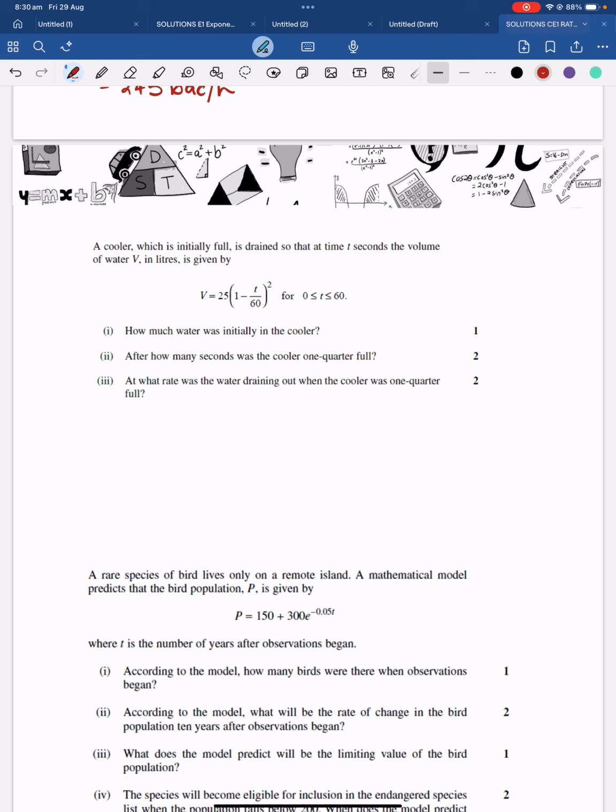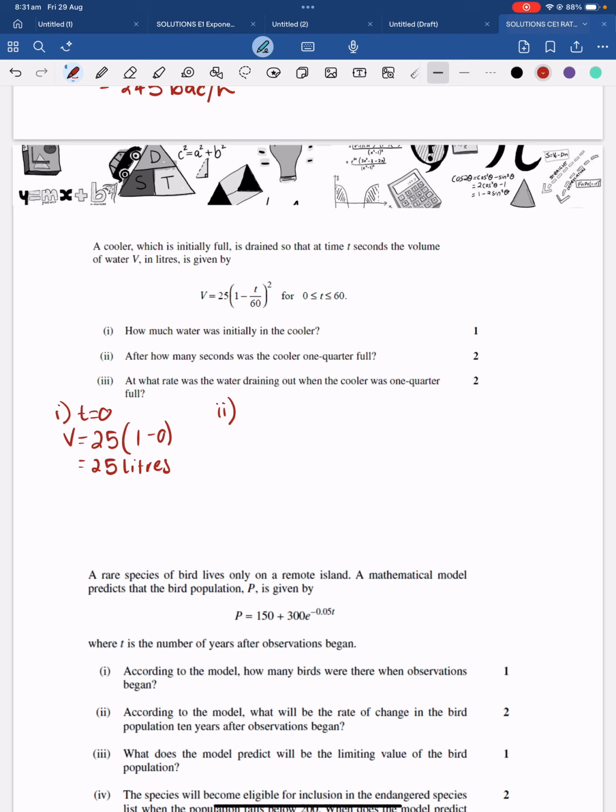Okay, initially, so again, T equals 0. This is V equals, and putting it back in its terms, so this is volume in litres, so 25 litres. Okay, after how many seconds will the cooler be quarter full?